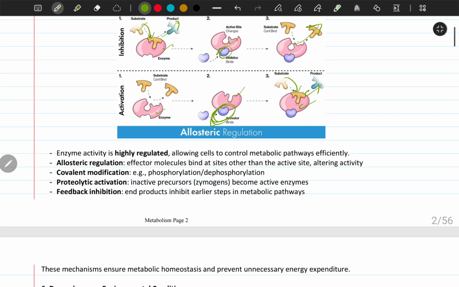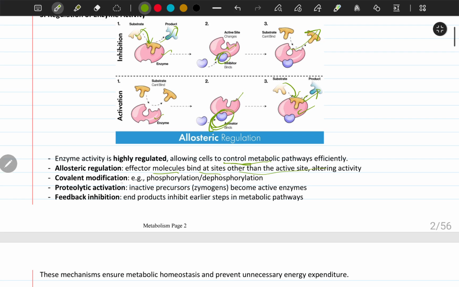Enzyme activity is highly regulated, allowing cells to control metabolic pathways efficiently. There are different types of regulation. Allosteric regulation: effector molecules bind at sites other than the active site, altering activity. Covalent modification, for example phosphorylation and dephosphorylation.